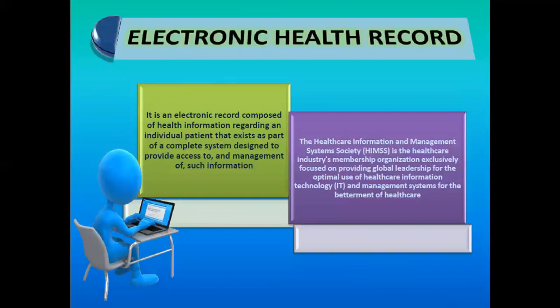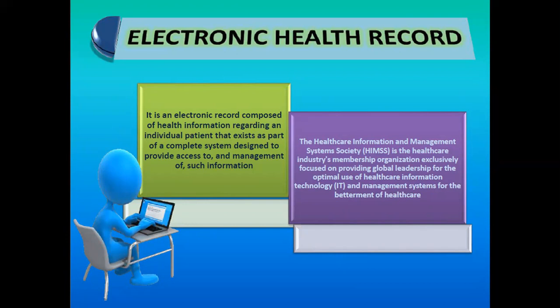So, electronic health record. It is composed of health information regarding an individual patient that exists as part of a complete system designed to provide access to and management of such information.